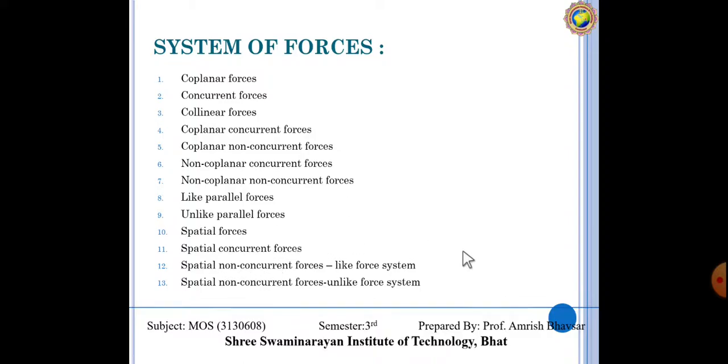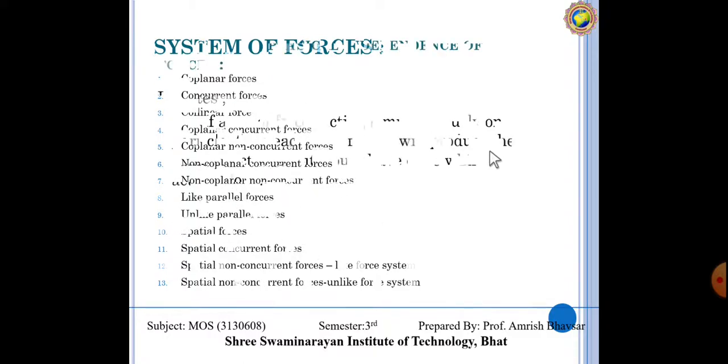After that, spatial forces, meaning those forces acting in space. In that, spatial concurrent forces, spatial non-concurrent like parallel, and spatial non-concurrent unlike parallel forces. These force systems are frequently used in our calculation of building design, so it is most important for us.